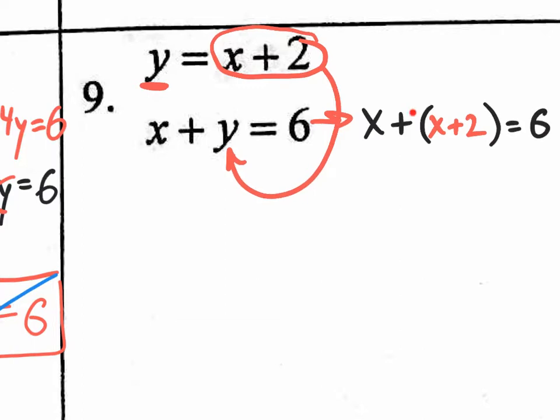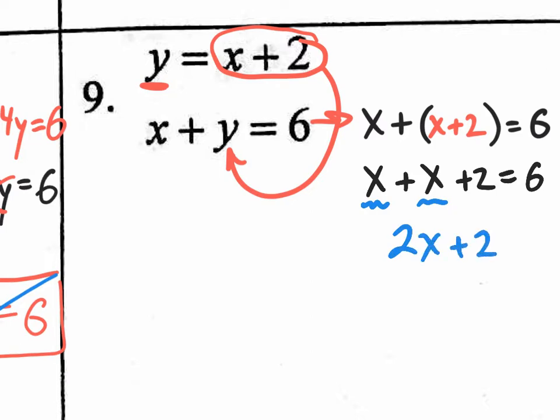Do I have anything to distribute? No, there's nothing there. So if I want, I could pretend it's a 1. 1 times x is x, positive x that is. 1 times 2 is positive 2. So in other words, the parentheses just disappear. The x comes down, the equals comes down, the 6 comes down. Then we combine like terms. x plus x is 2x.